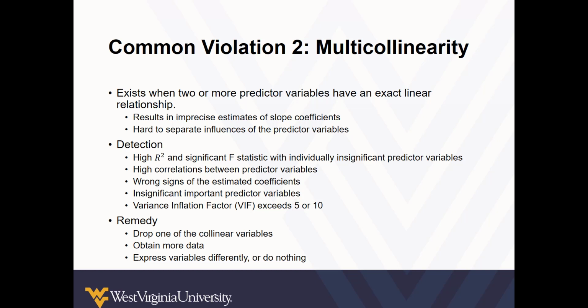So we can do a few things to fix this. We can drop one of the collinear variables, obtain more data, express variables differently, or in some scenarios, we might even just do nothing. Although, caution should be exercised if that's the approach that you choose to take.